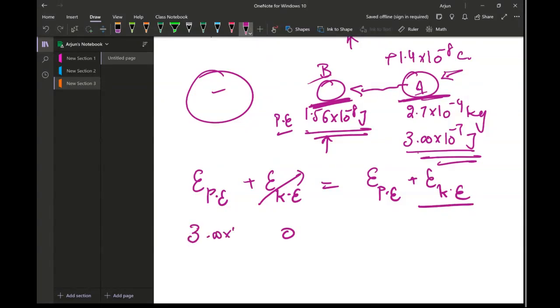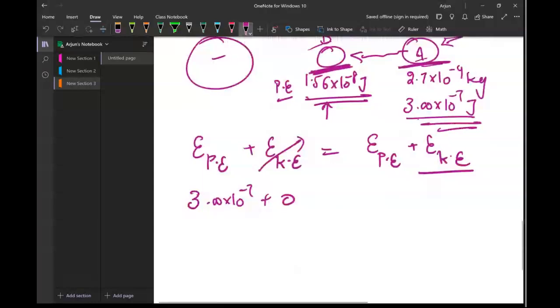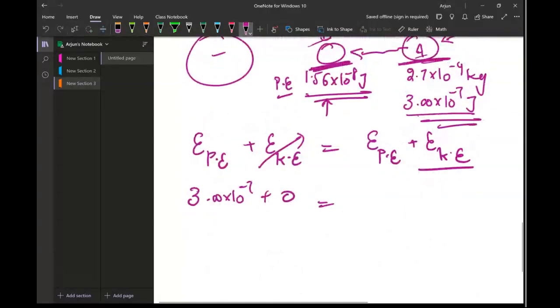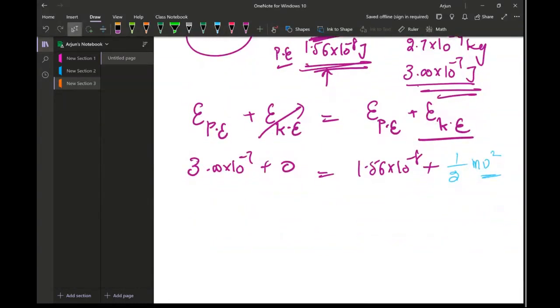So 3.00 times 10 raised to the power negative 7 plus 0 equals, at the second location, the potential energy 1.56 times 10 to the negative 8 plus EKE, kinetic energy. Kinetic energy is what we are looking for, half m v squared, because we're trying to find the speed from here.